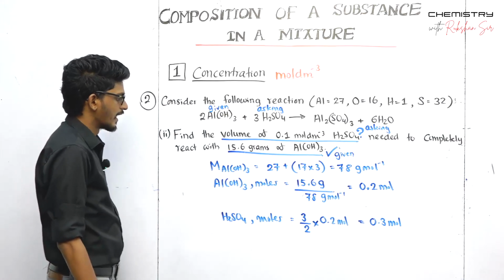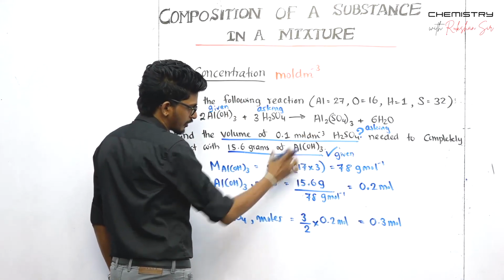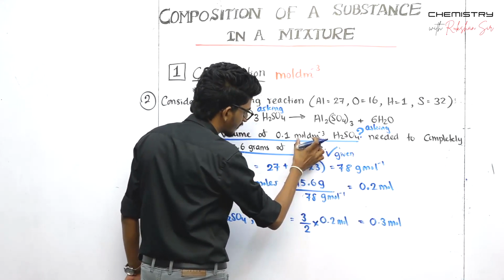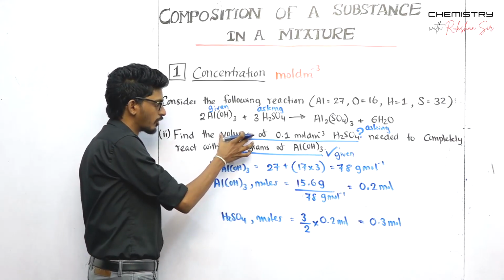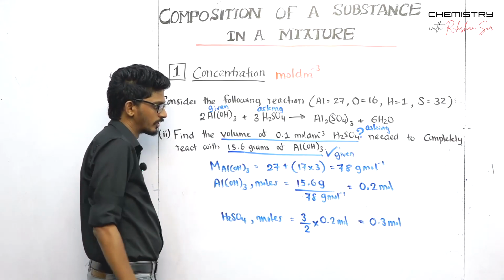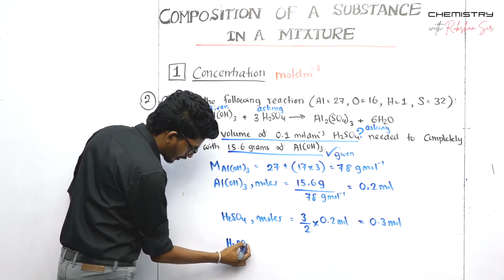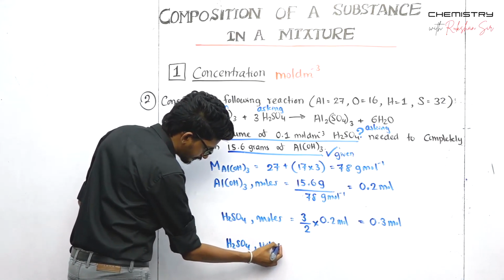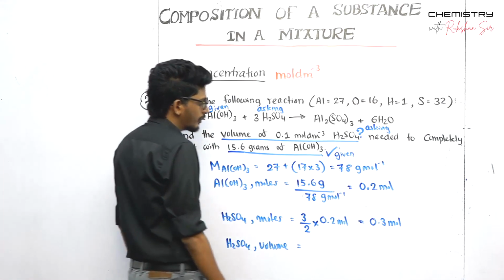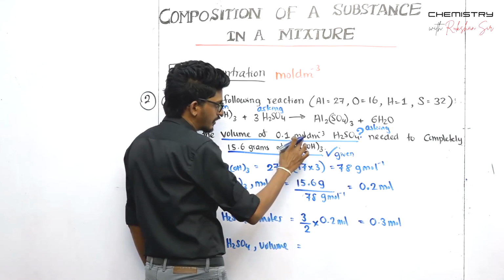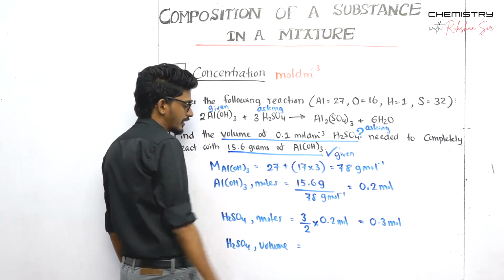As we know the number of moles and the concentration, the mole and mole dm minus 3 values are known. So we need to come up with the dm3 value. The volume can be represented in dm3. So, H2SO4 volume. What can we do? We use the mole dm minus 3 value and the mole value to come up with dm3.